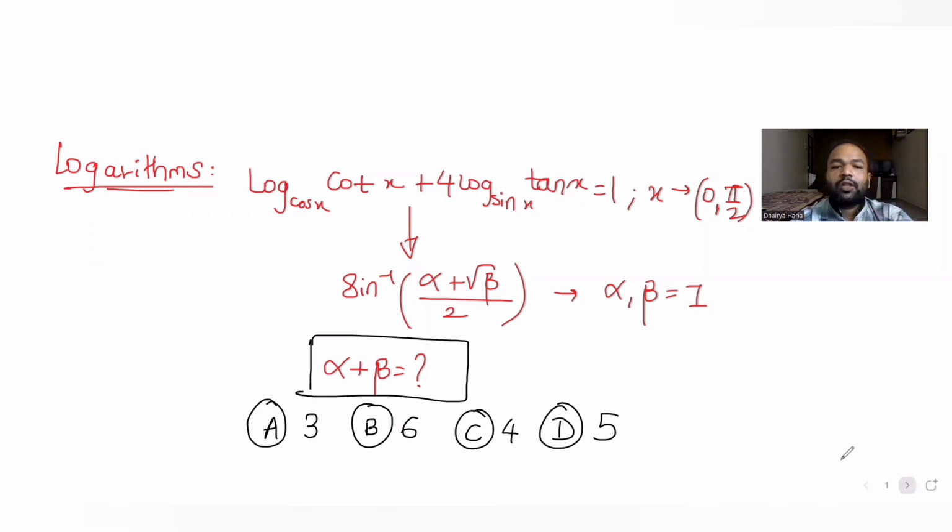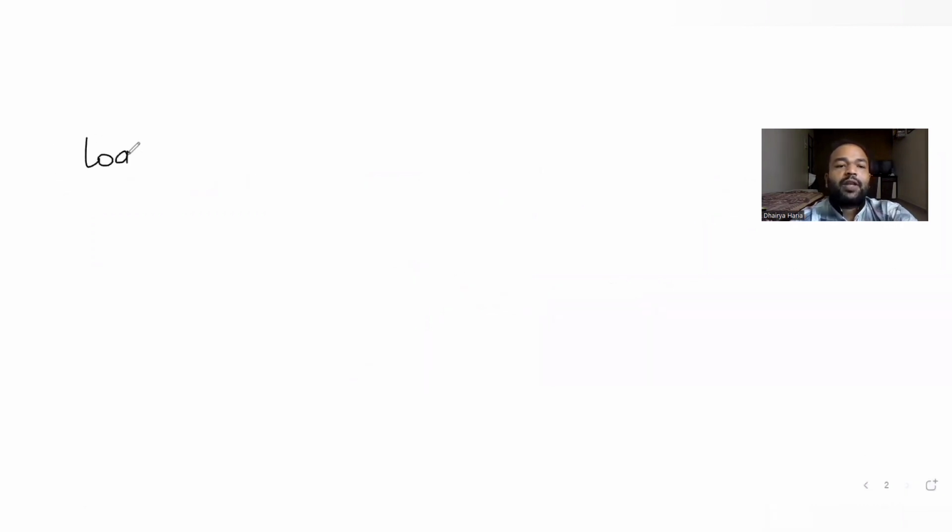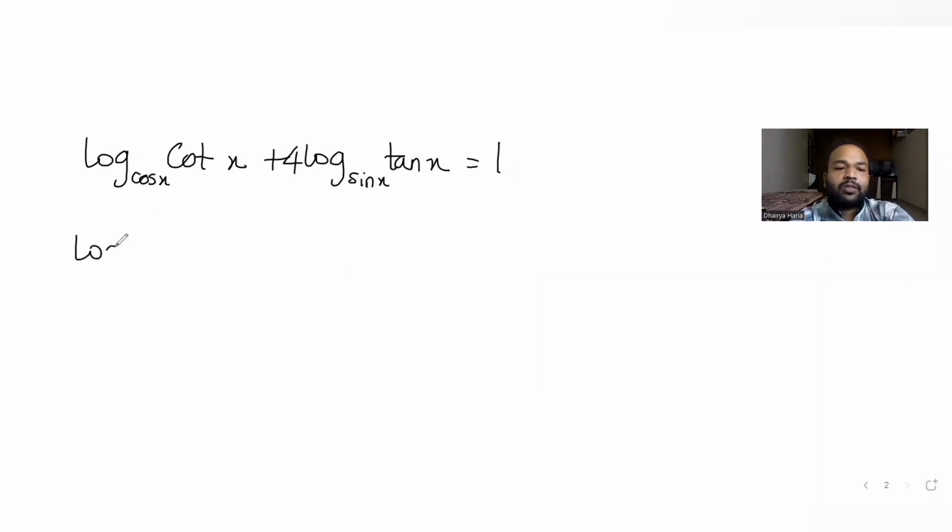So let's try to solve this equation. We have log of cot x to the base cos x plus 4 times log of tan x to the base sin x, equal to 1.